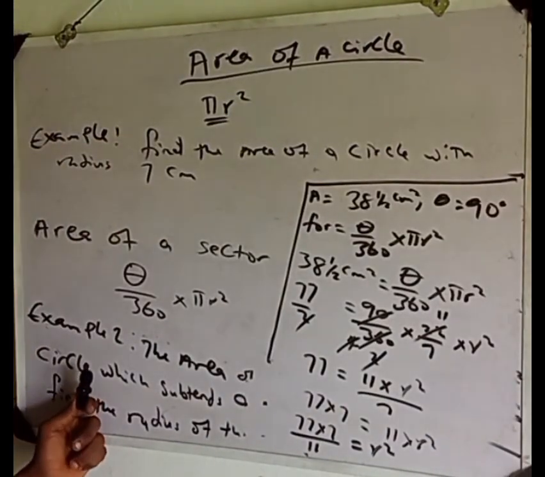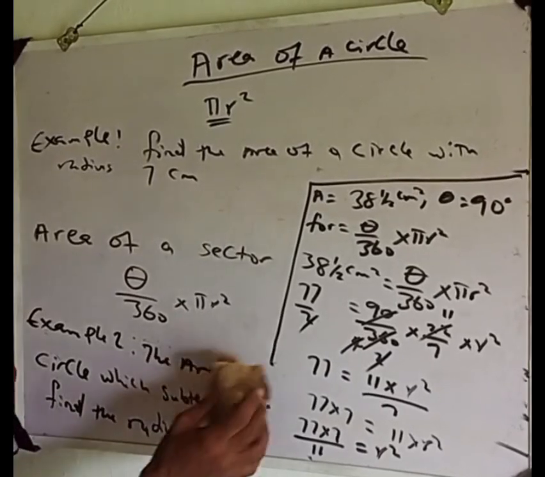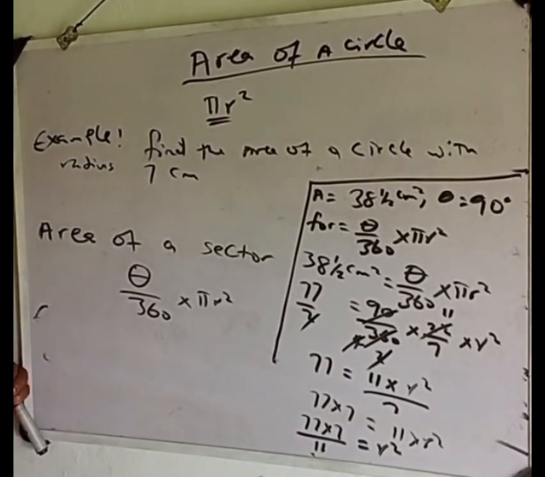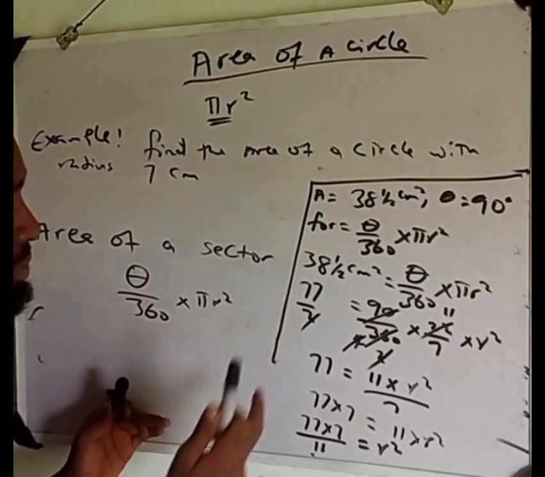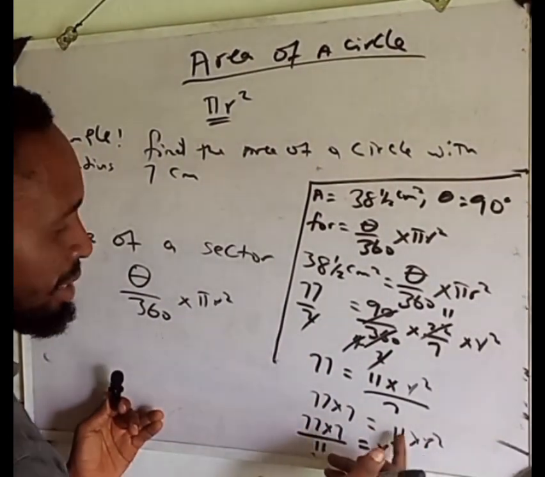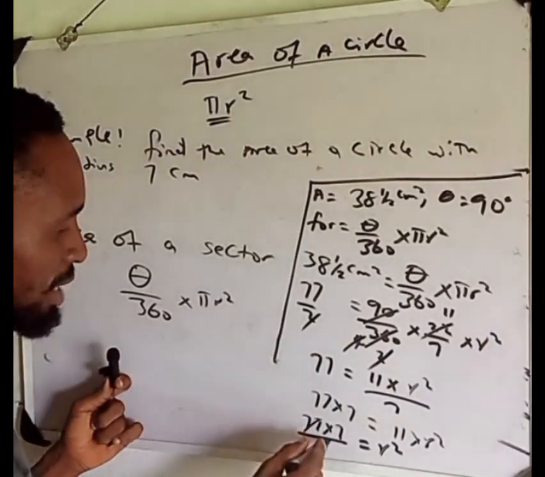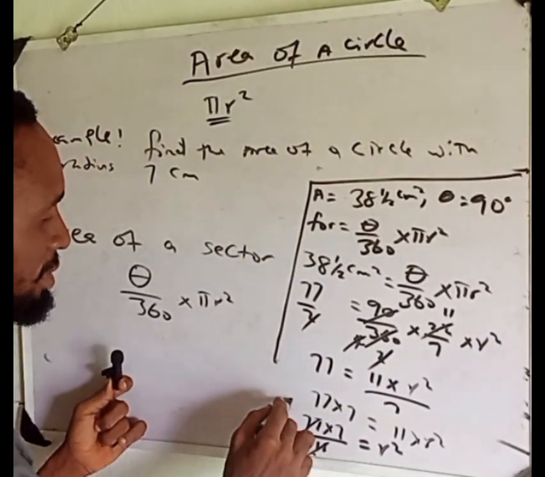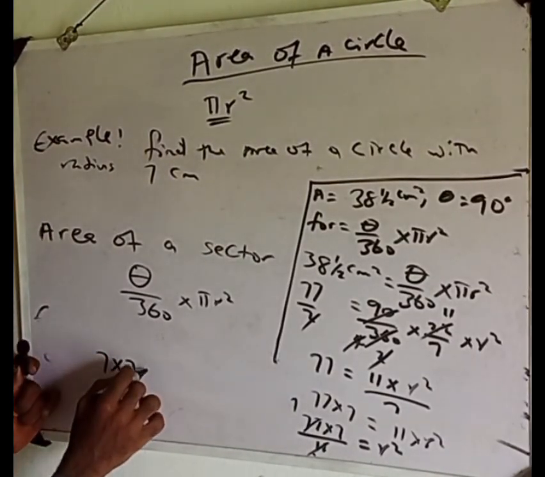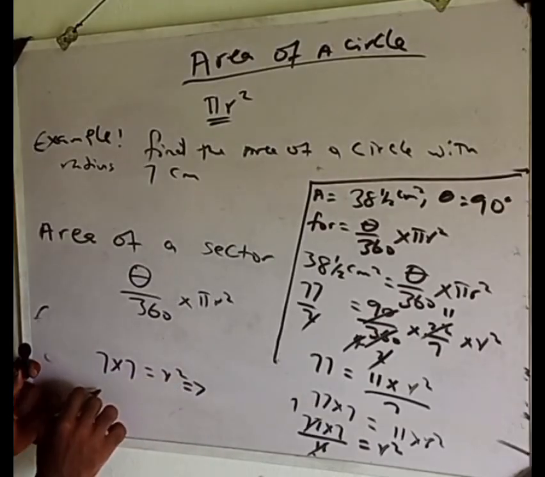Sorry, I'm going to clean a bit further so that we'll see how it goes. So what I just did here was that I simplified. I divided both sides by 11. Now 77 can cancel 11 and we have 7. It means that 7 times 7 is equal to r squared.